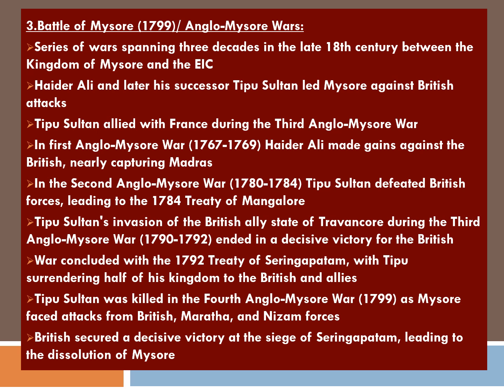Tipu Sultan was killed in the Fourth Anglo-Mysore War as Mysore faced attacks from the British, Marathas and Nizam forces combined, and the British secured a decisive victory at the siege of Seringapatam, leading to the dissolution of Mysore. These wars significantly weakened Mysore and consolidated British control over much of India, making it a pivotal moment in colonial history.